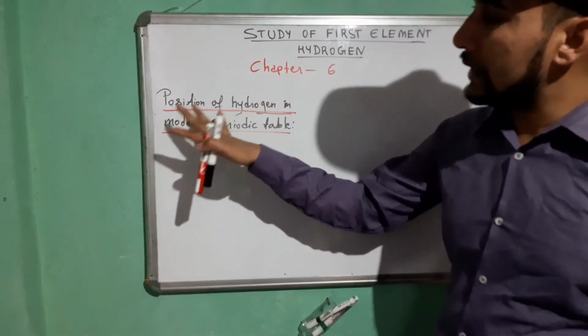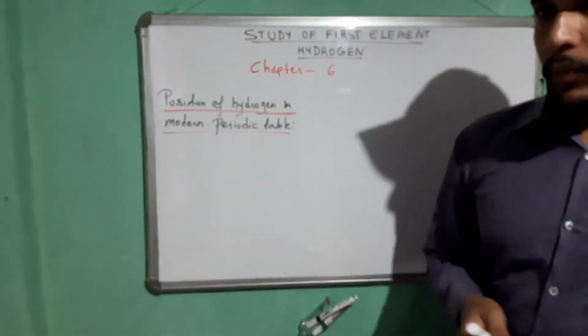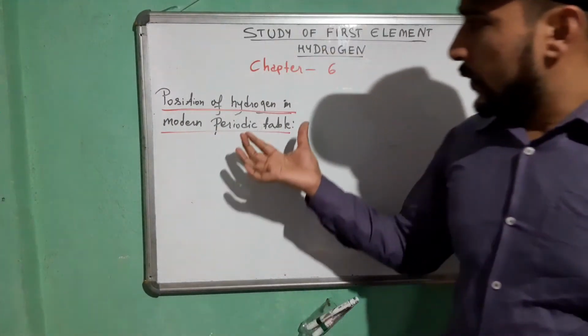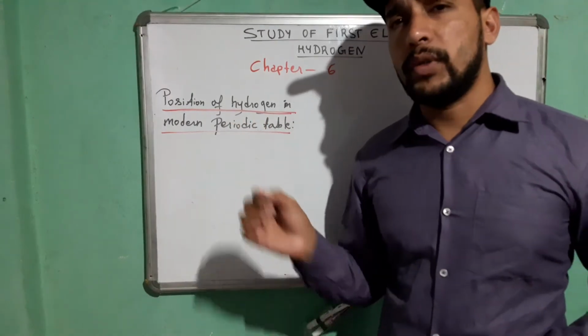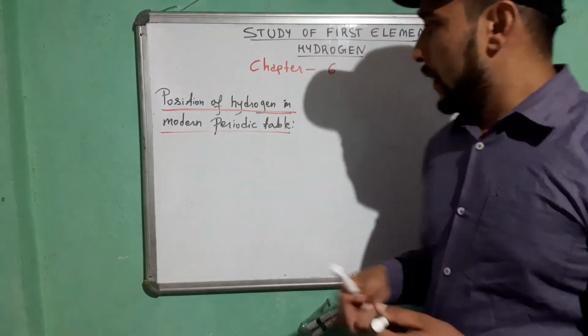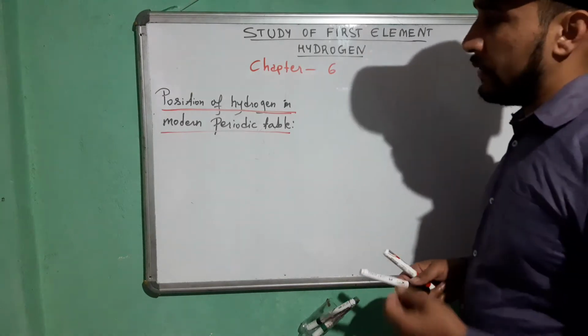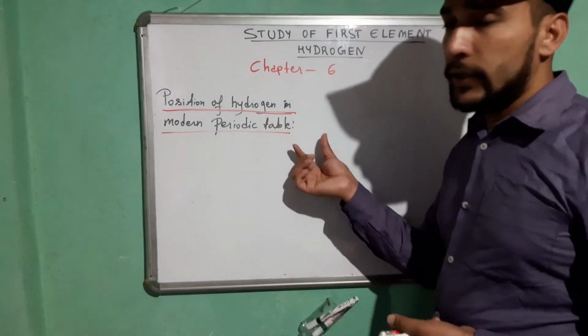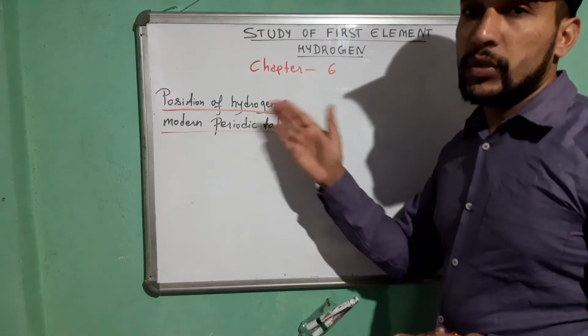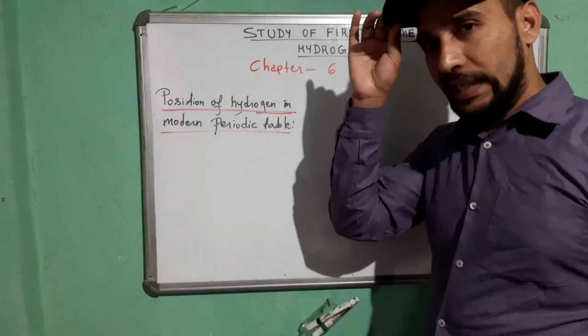First of all, let's discuss the position of hydrogen in modern periodic table. You are familiar with the position of hydrogen in modern periodic table. So in the previous chapter, chapter 5, in periodic table, I have already explained you the position of various elements in modern periodic table.